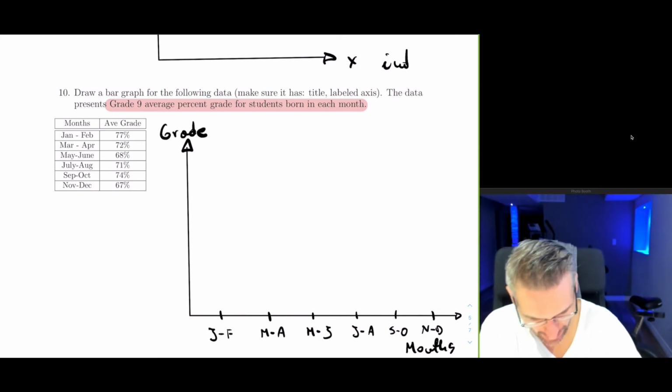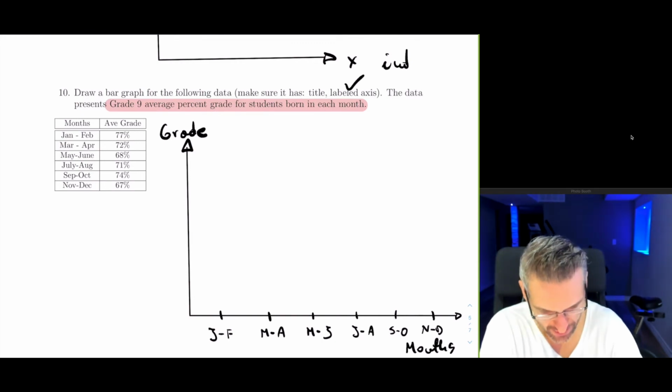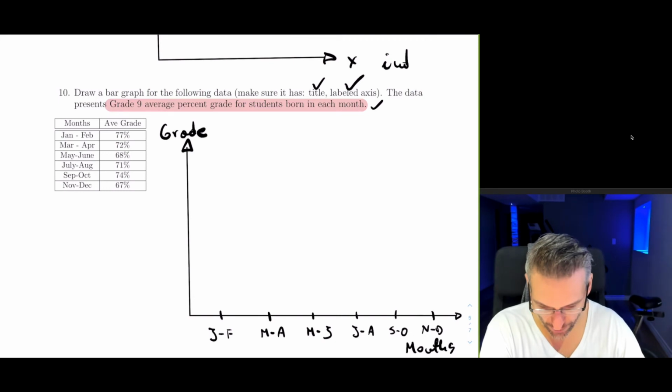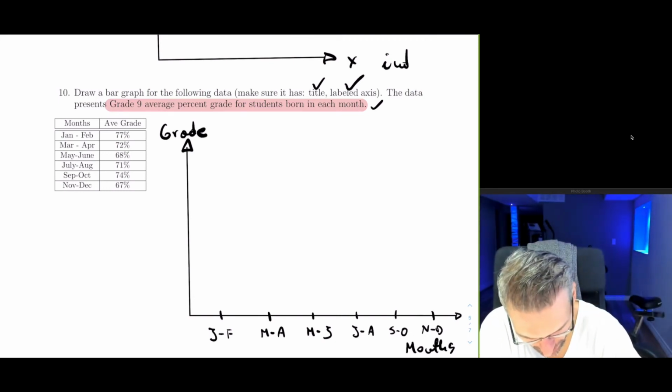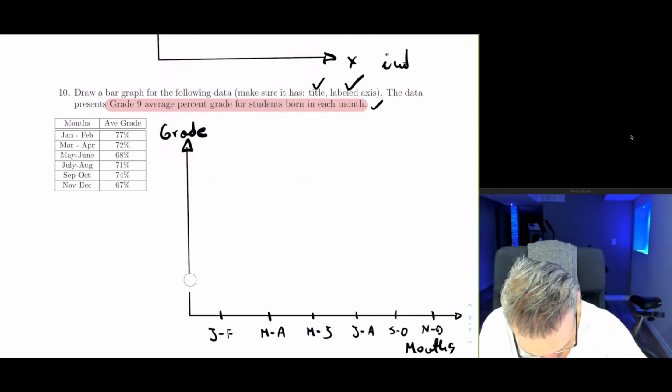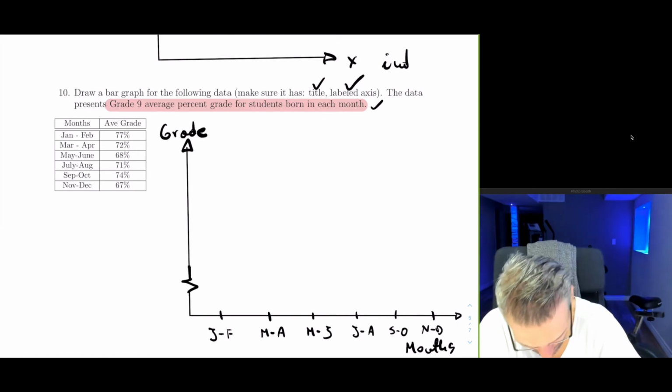So that's now labeled, so we have labeled axes. We put a title, so I highlighted the title there. And now we can do a bar graph. Notice that we're mostly from 67% and above. So for the graphs, you may remember from the videos, you can do something like this, which basically cuts the information.